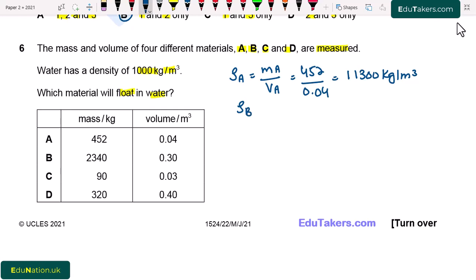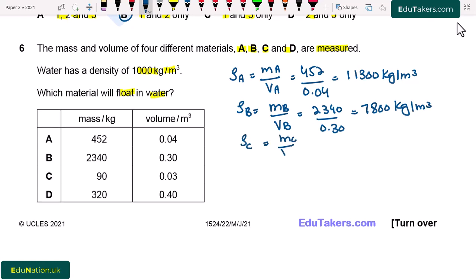For B, it is mB over VB. Mass is given as 2340 divided by volume 0.30. So density is equal to 7800 kilogram per meter cube. For material C, mass is 90 divided by volume 0.03.